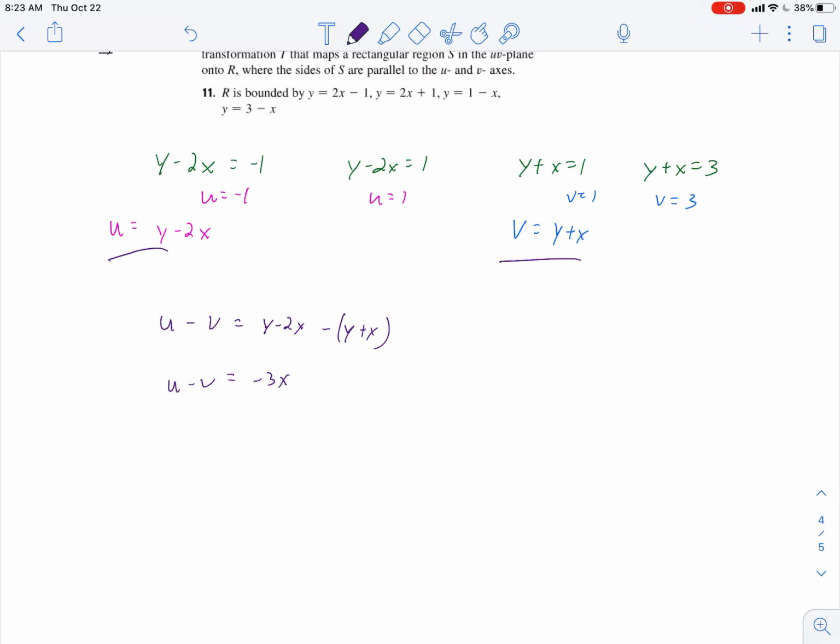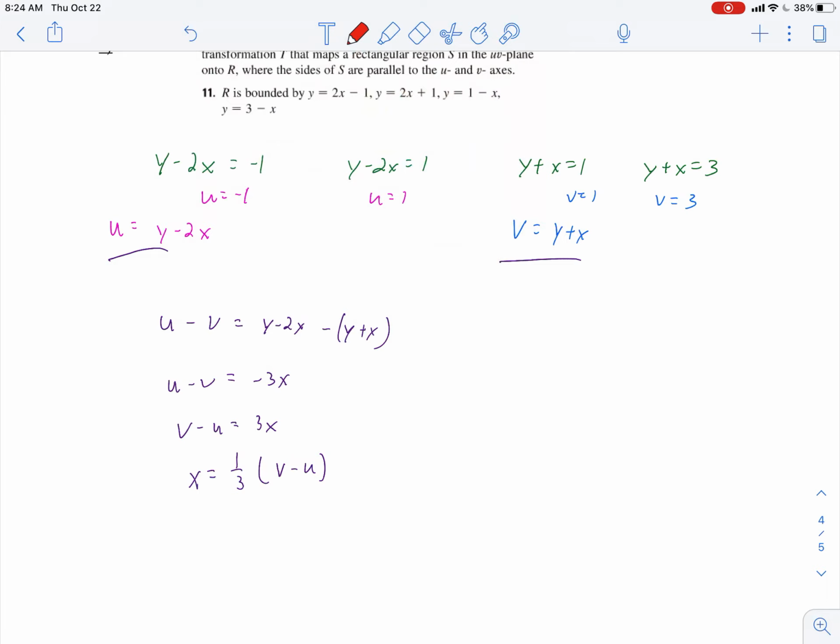Let's get rid of the negative because we don't really want it there. So v minus u is equal to 3x. We just got rid of the negative by stripping a negative through. And so really x is equal to 1/3 (v minus u). So now we solved for x.